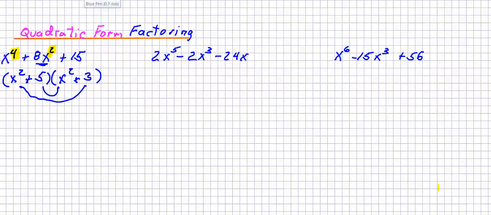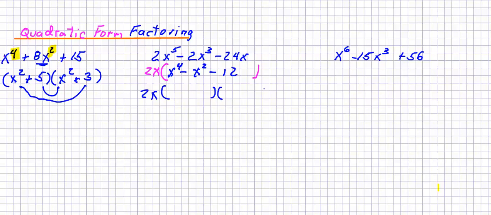All right, let's look at the next one. First of all, I see that I have a common factor of 2x. I pull out my common factor, like always, and now I have x to the 4th, even, minus x squared, 2 is half of 4, minus 12.